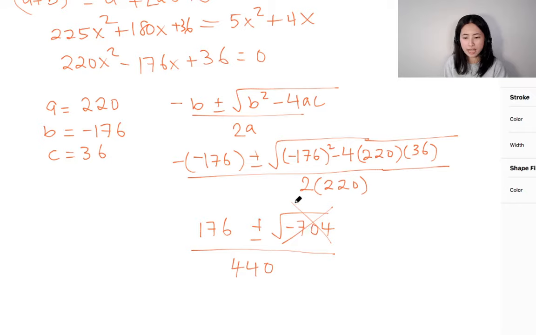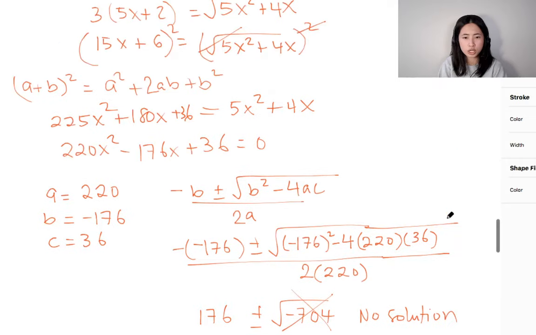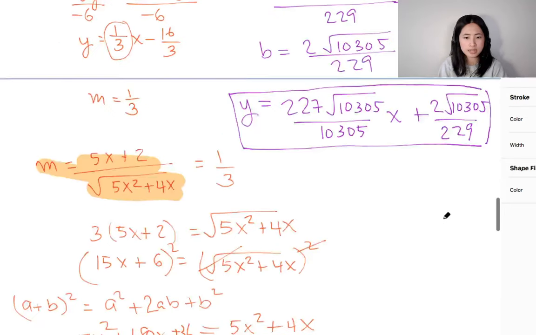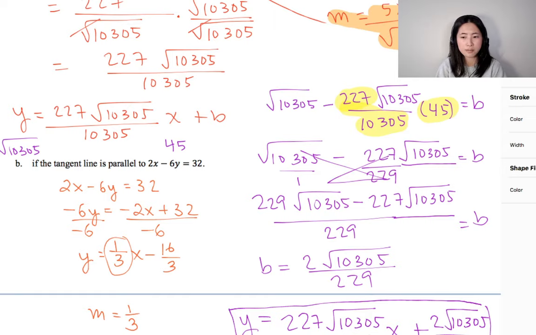And going back to the question, if they're asking us if the tangent line is parallel to 2x minus 6y equal to 32, it's an impossible scenario.